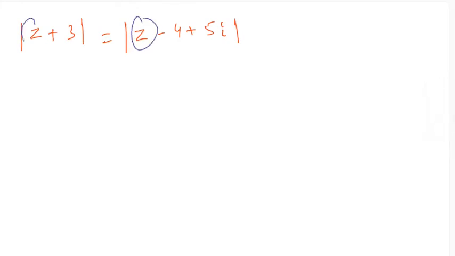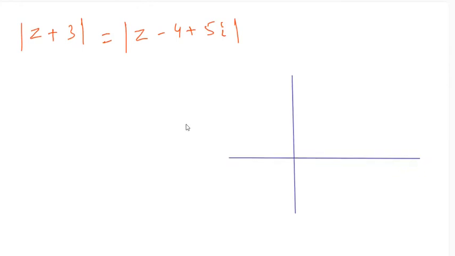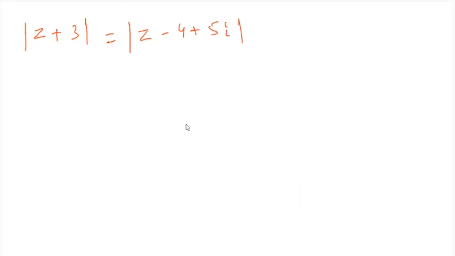You have to show that on an Argand diagram. How do you think about this? Let's draw the Argand diagram. But before drawing anything, what will we have to do? We will have to convert this to our standard form. What is our standard form? z minus a.